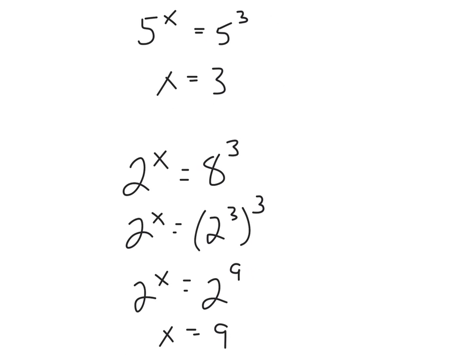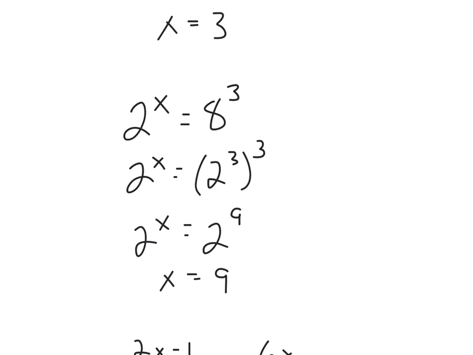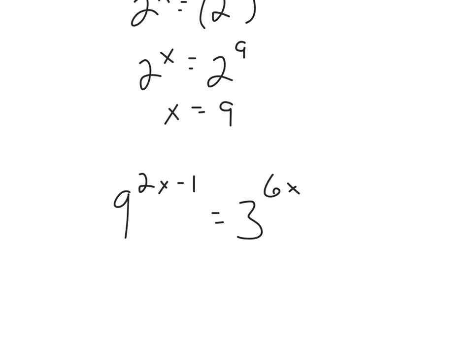Then we had 2 to the power of x and 8 to the power of 3, and we had to change the 8. The whole point of what we've been working on is getting the bases to be the same. This only works if your bases are the same. So what do I need to do?